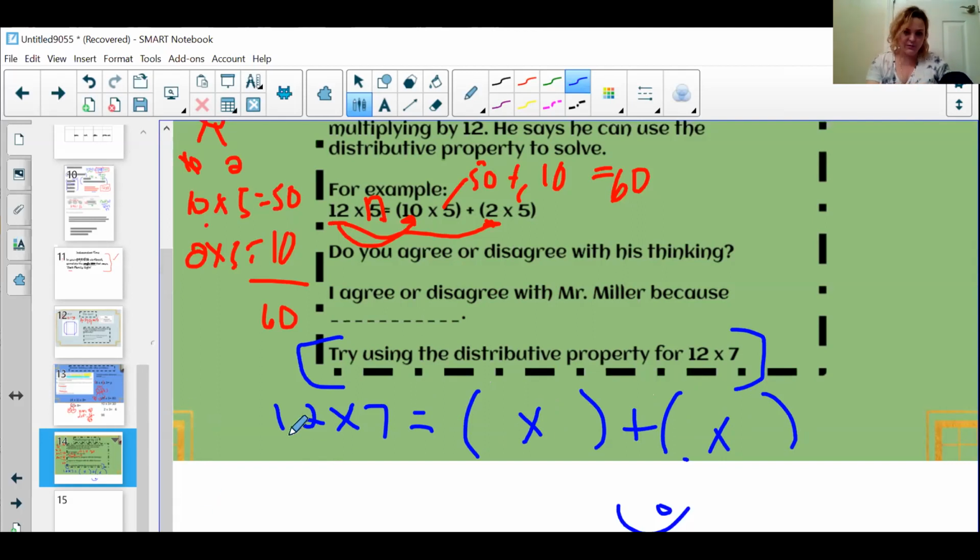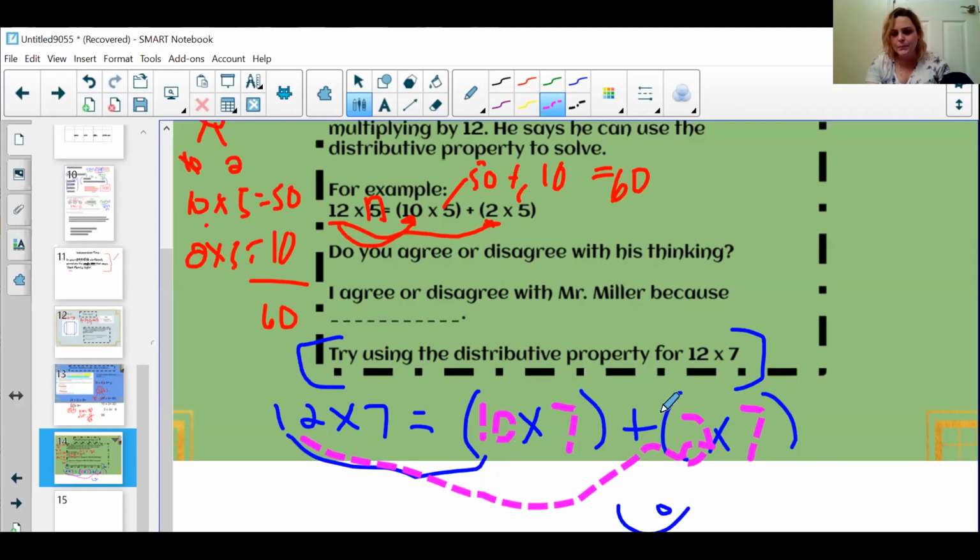Okay, if you said 12 times 7 is the same as 10 times 7, and then I decomposed that 12 into a 10 and a 2 times 7, then you are correct, because 10 times 7 is 70, and 2 times 7 is 14.